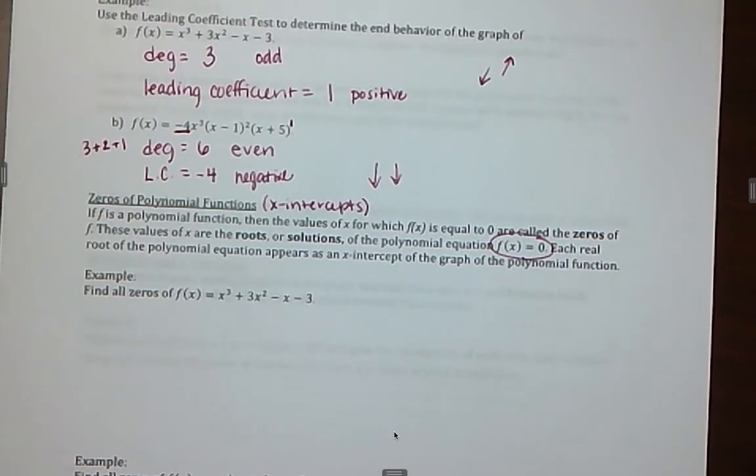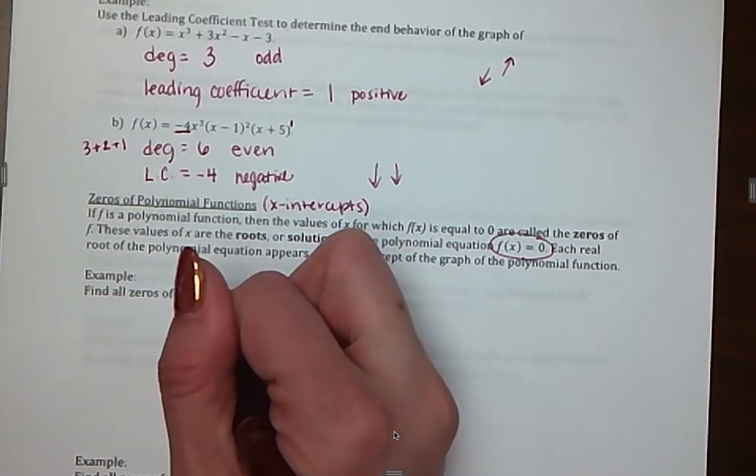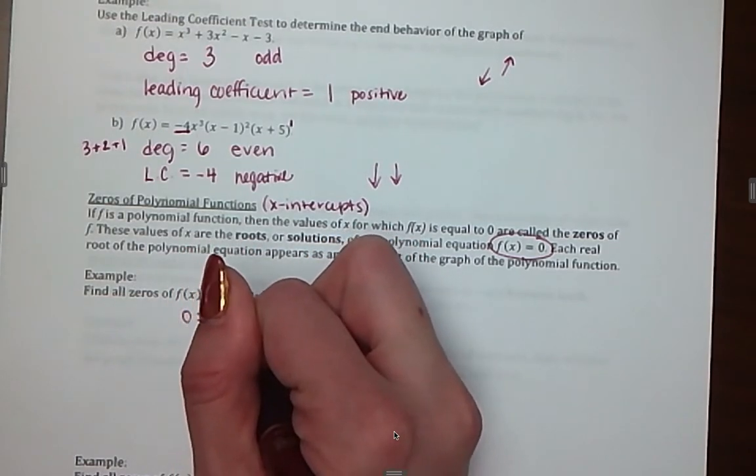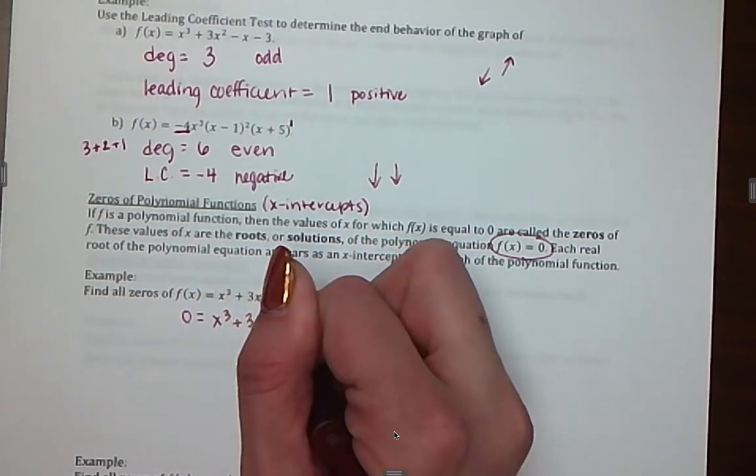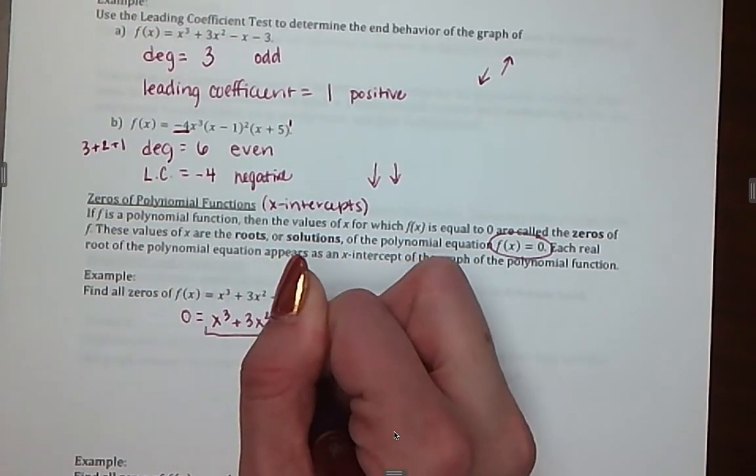Okay. So for the first one, f of x equals x cubed plus 3x squared minus x minus 3. When there's 4 terms, how do we factor? Grouping. So I'm going to set it equal to 0. And then we're going to group the first 2 and group the last 2.